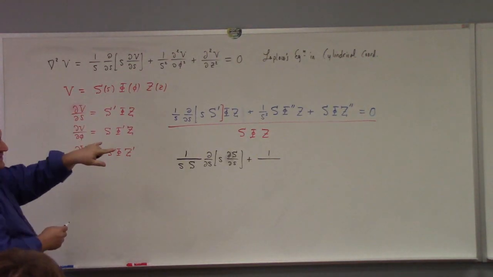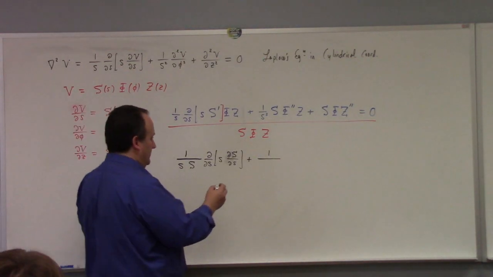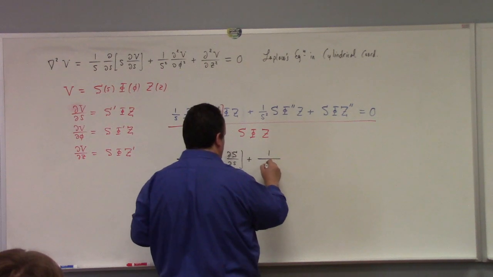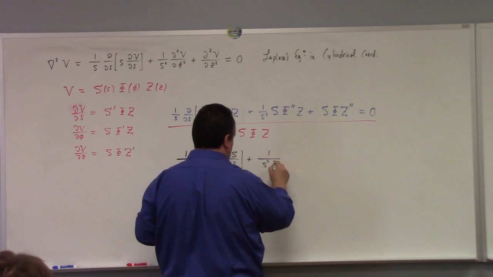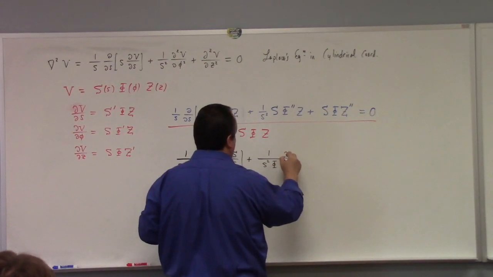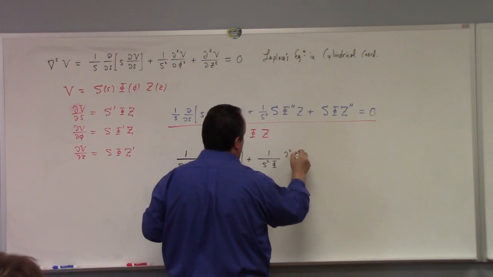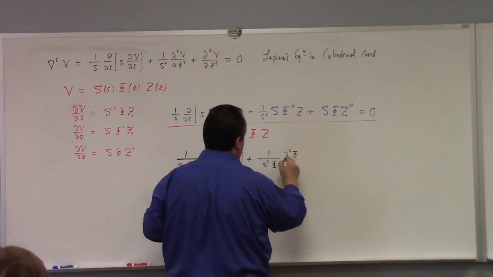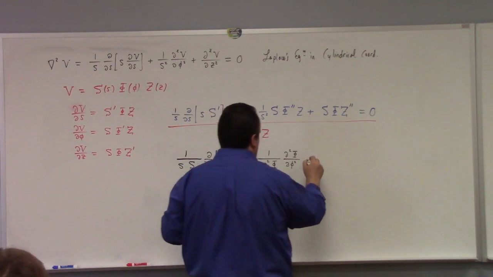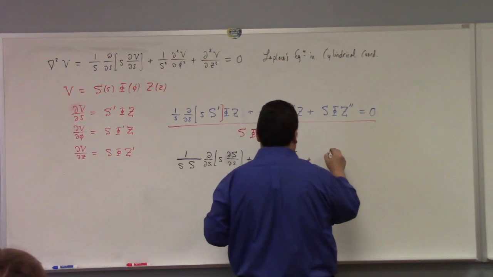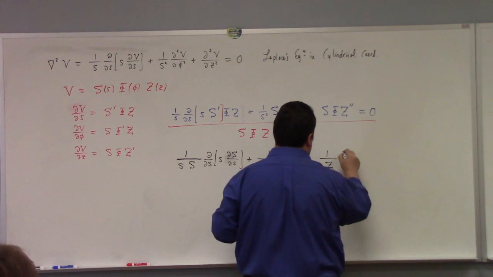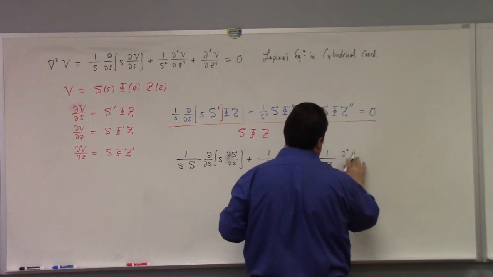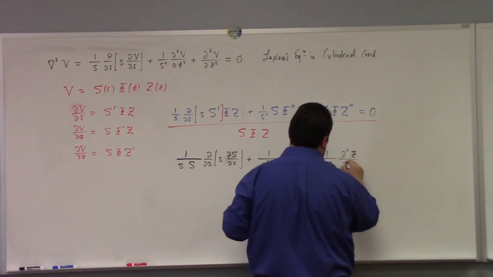In that one, the S and the Z cancel. I'm just left with like a s squared, big Phi, d squared Phi, d little phi squared. And then finally 1 over Z, d squared Z, d z squared.